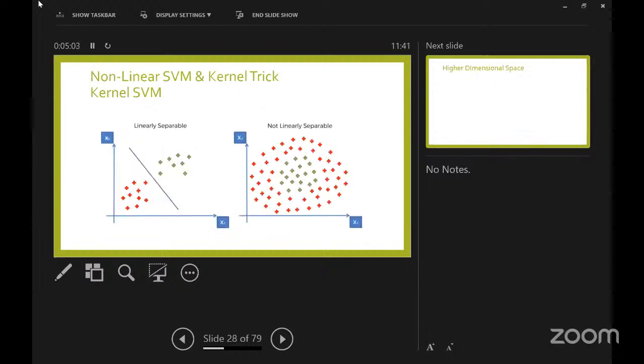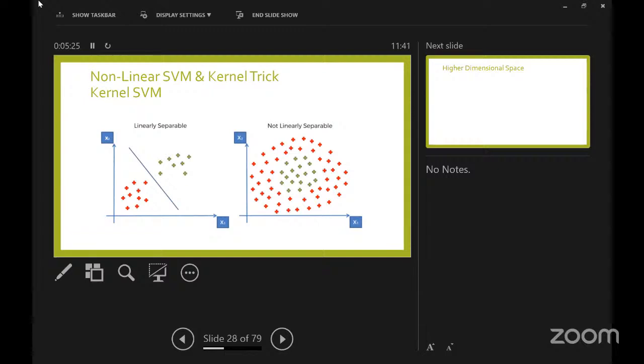Next, keep heading non-linear and linear SVM. So this graph clearly shows linear separable and non-linear separable. Here I am taking two types of data sets.